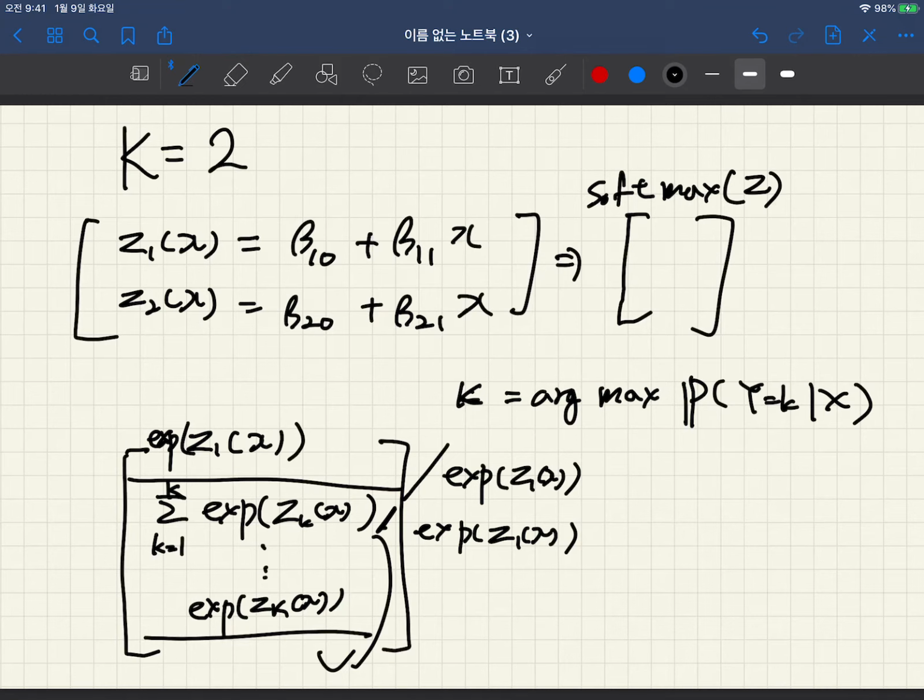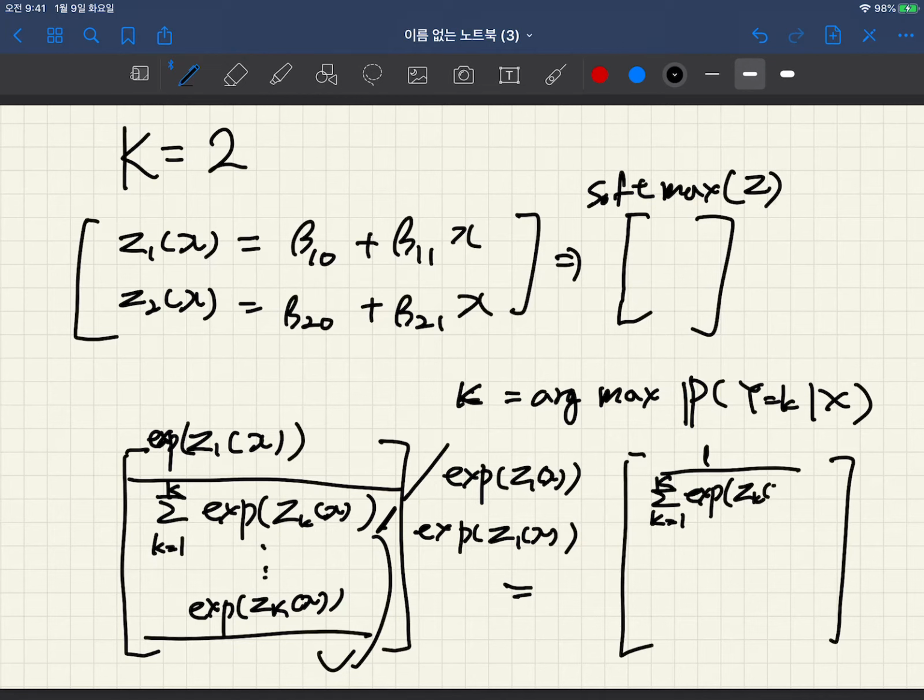Values never change, and this is essentially equal to 1 over the sum from k equals 1 to capital K of exponential gk(x) minus g1(x).